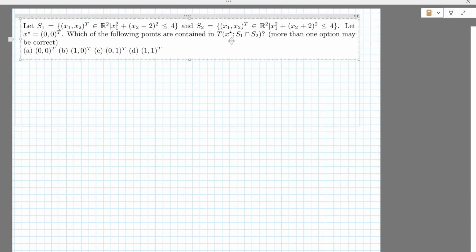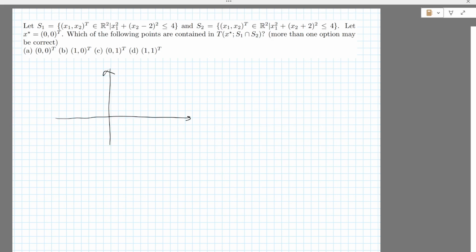So this is in 2D, so we can draw this. It is basically a circle at the point 0, 2 of radius 2.